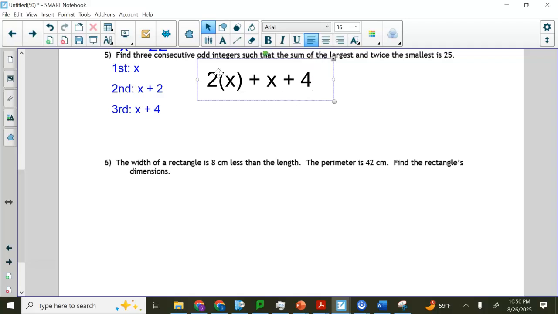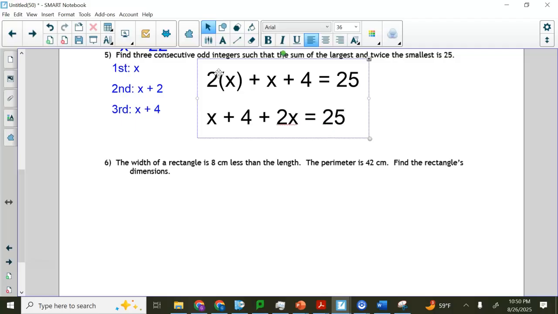So the sum of the largest and twice the smallest is 25. I wrote that backwards. If you want to write it the way the equation's written, it's the largest plus twice the smallest is equal to 25. All right, so go ahead and solve that and then find your 3 numbers.